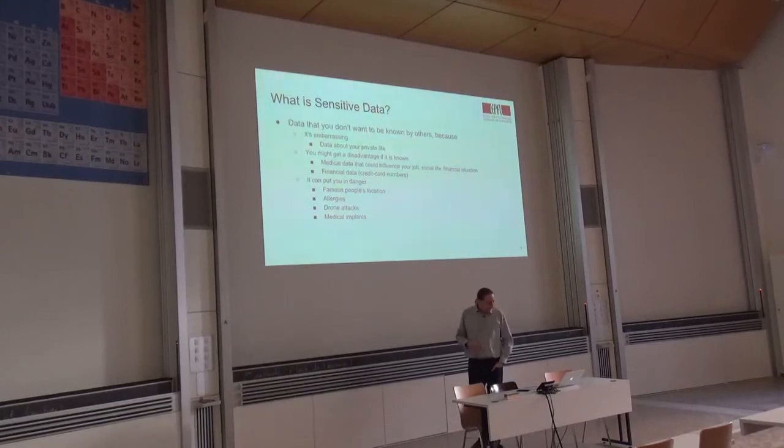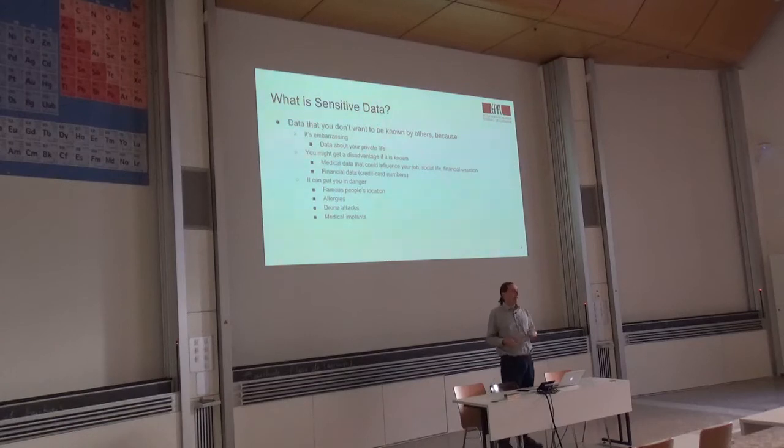What is sensitive data? Well, it can, in principle, be practically anything. These are just some of the many examples. Data about your private life, medical data that can influence your job, or whether you get insurance, or what you pay for insurance. Financial data, such as credit card numbers, that somebody who gets a hold of them can use to steal money.